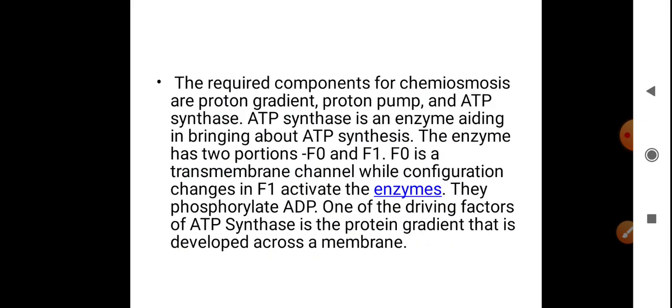The components required for chemiosmosis are a proton gradient across the membrane, a proton pump, and ATP synthase.